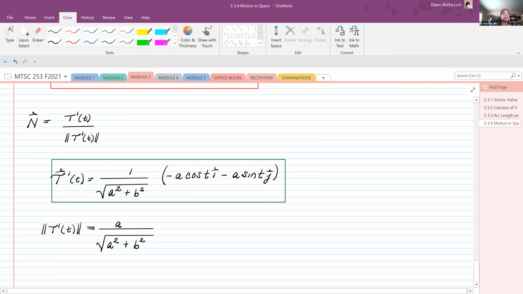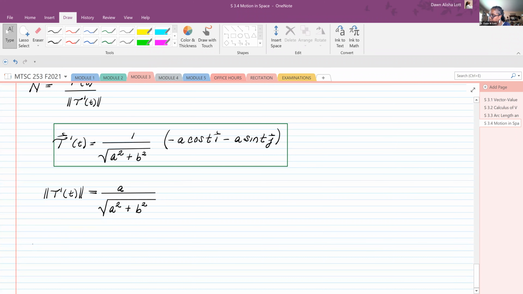So therefore the normal n is going to be t divided by the length of t prime.